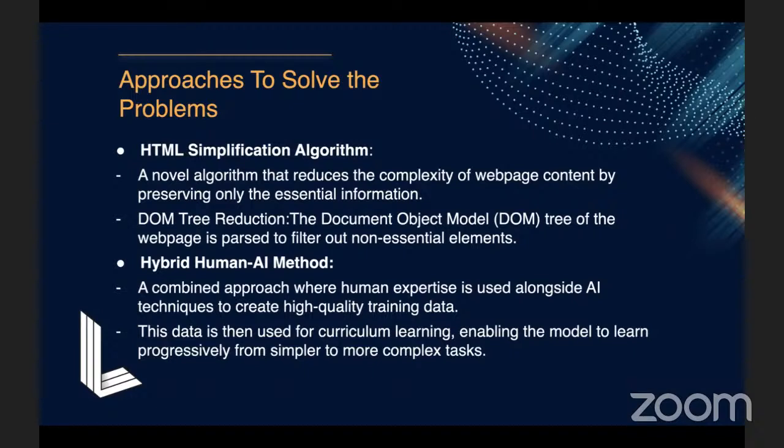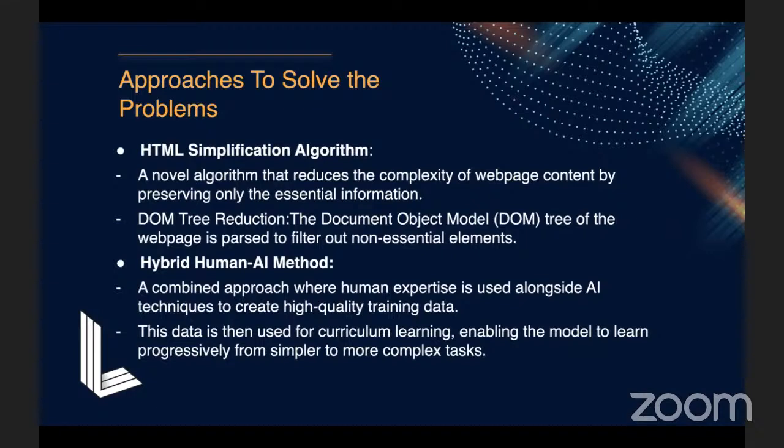And we can see that it uses steps like DOM tree reduction to do this filtering. The document object model tree of the web page is parsed to filter out the non-essential elements, which are not required by the web agent for such complex decision-making.